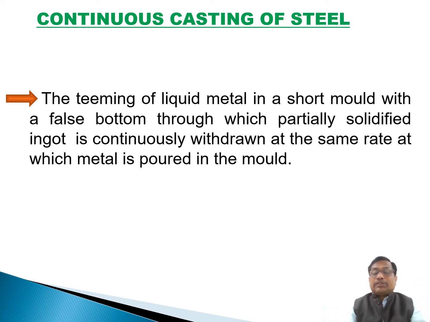This is the partially solidified ingot coming out of the mold box. In this way we can produce a long bar, and we can cut that long bar according to our requirement to produce the ingots.